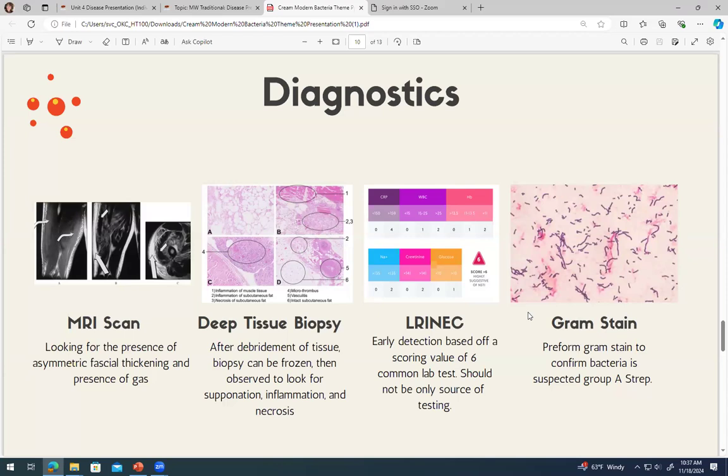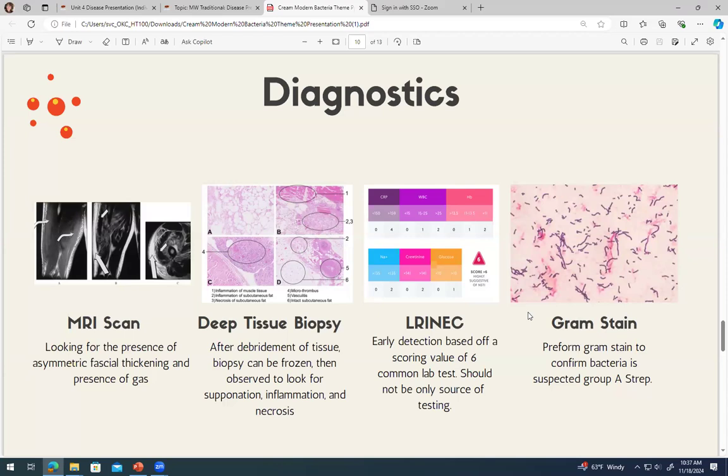You have your LRINEC testing. This is just a scoring value based off of regular values. And if you have a score of 6 or higher, it is going to present that you probably do have a necrotizing infection of some sort.